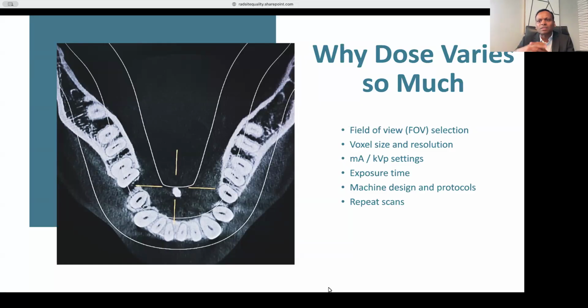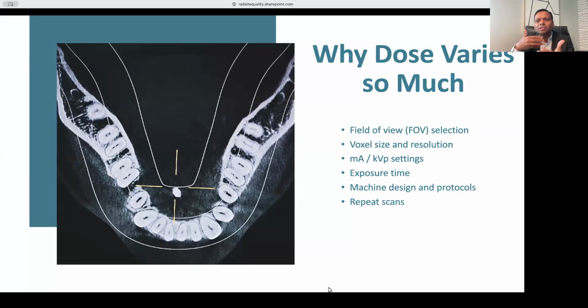Then, depending on the nature of the study, the voxel size or pixel size, and the resolution also matter. If they are focusing on the bone, they would want something really high resolution, which would ask for a little higher dose, obviously.